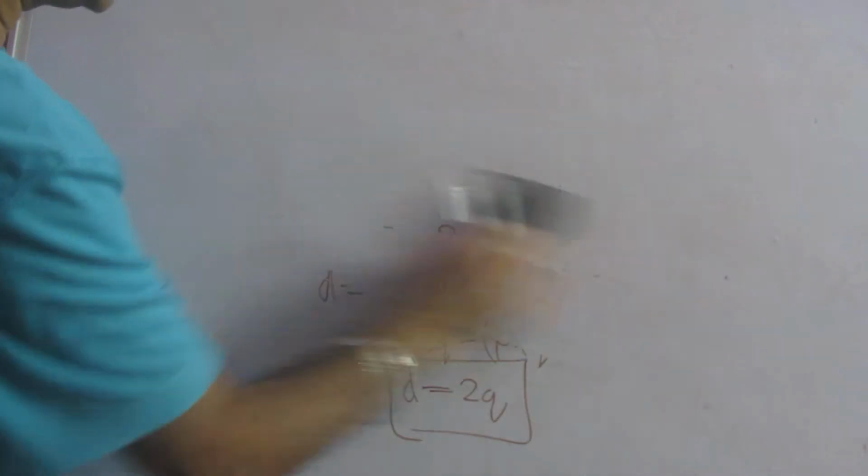Now we are going to take another question from the same exercise 9.2, and this is question number 13. It says if the sum of n terms of an AP is 3n square plus 5n and its mth term is 164, find the value of m.